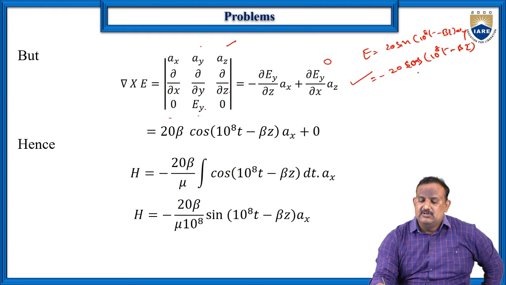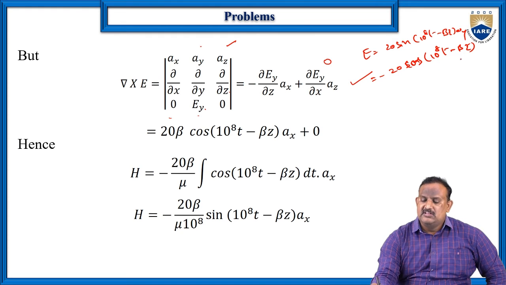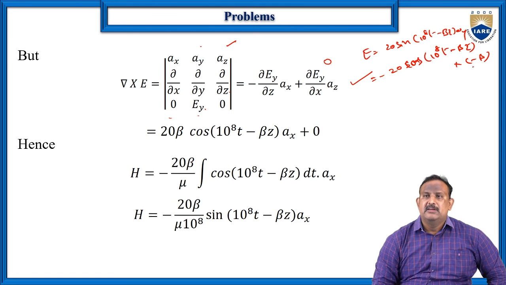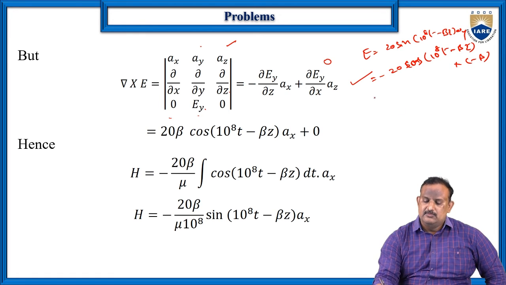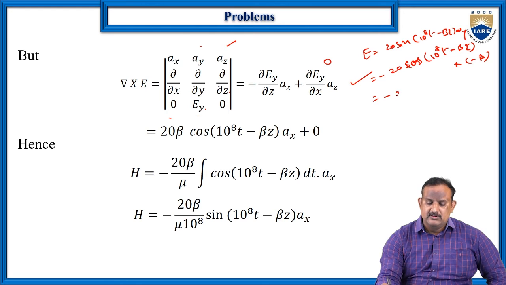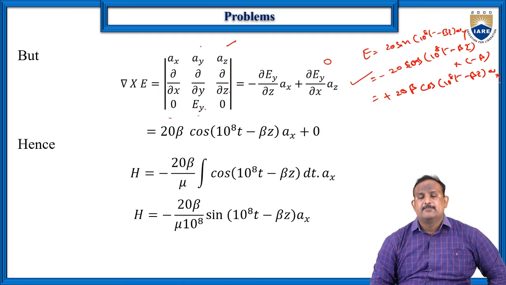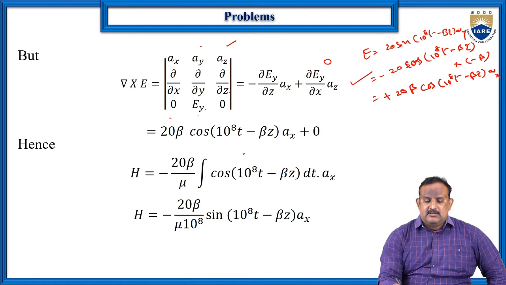Therefore, minus 20 into cos of 10 power 8 t minus beta z into minus beta, the differentiation of the z term. Therefore it becomes positive. It is 20 beta cos of 10 power 8 t minus beta z into ax only, into ax.